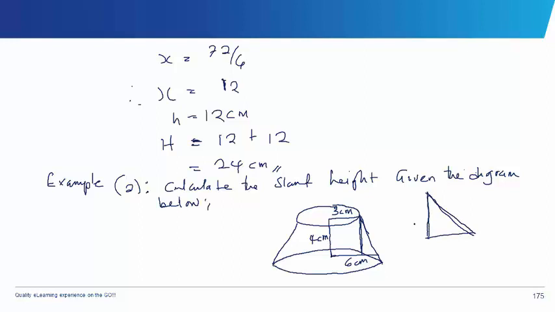So the height remains the same, 4 cm. Knowing that this part is 3 cm, if you cut it into two, this part makes 3 cm and the other side makes 3 cm too. If it's a straight line going through, then we have 90 degrees here. So how do we find the slant side? We have two sides, and the hypotenuse, which is the slant side we don't know, we denote by x.